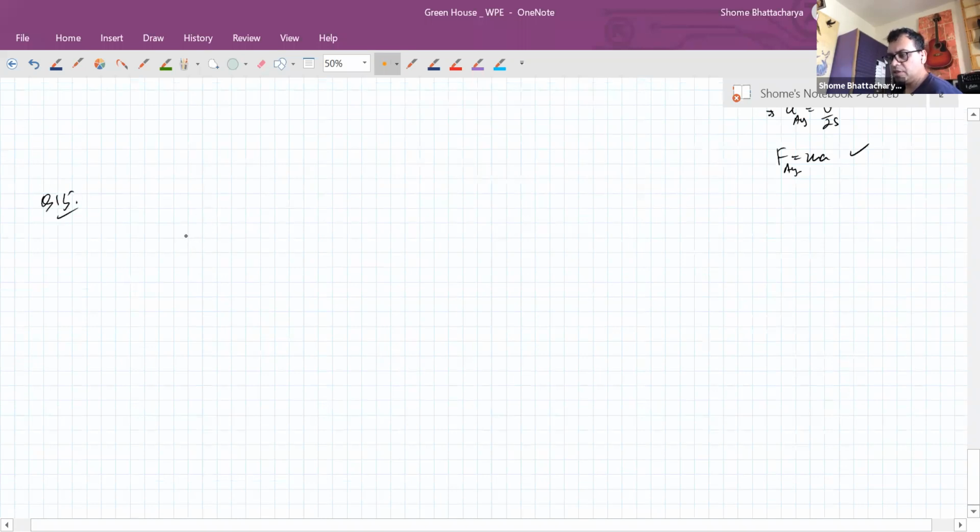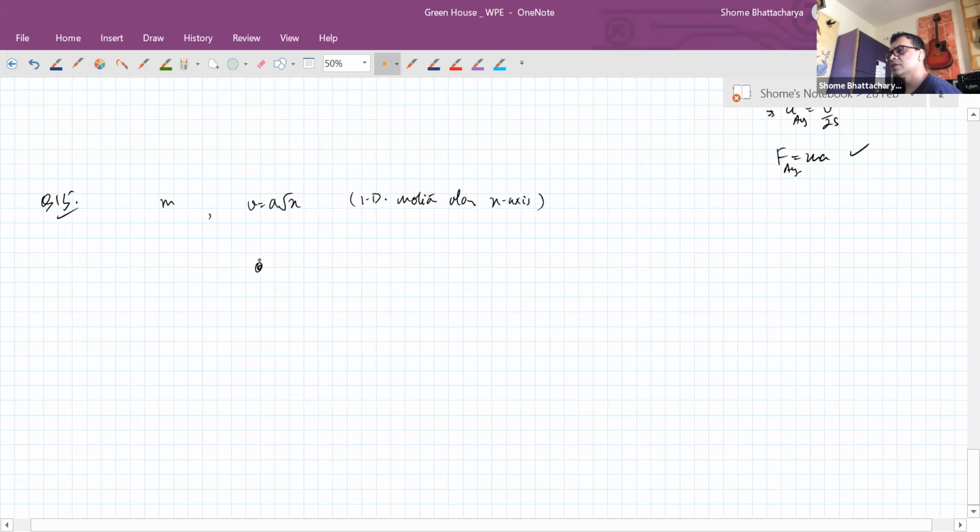So in 15, it is said that a particle of mass m is moving on a straight line with a speed varying according to the equation v is equal to a root x. It's a 1D motion along x-axis.